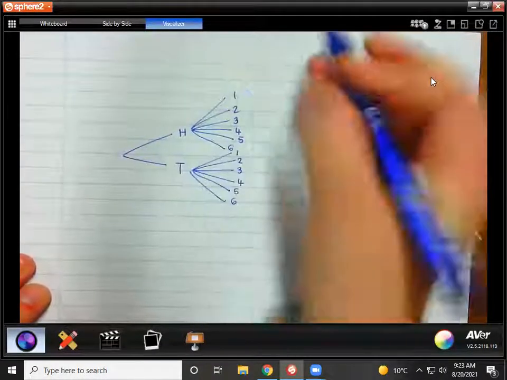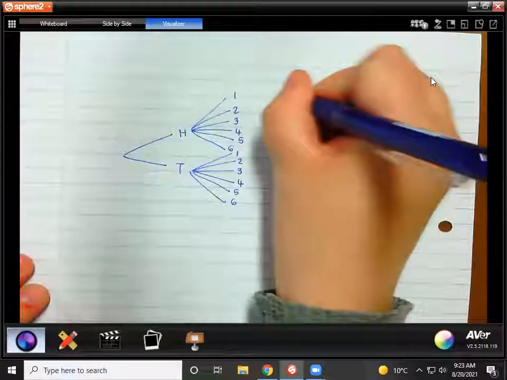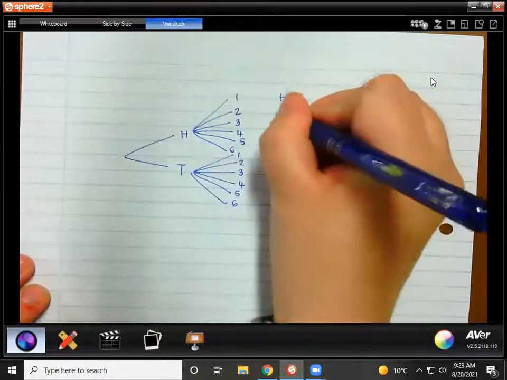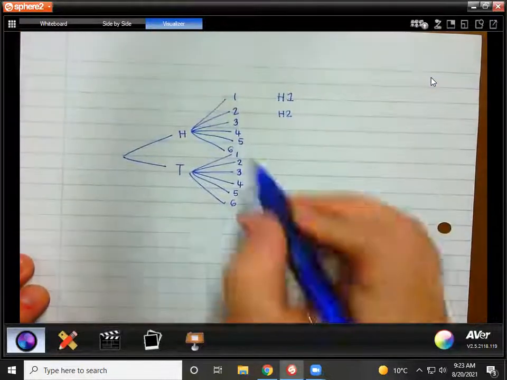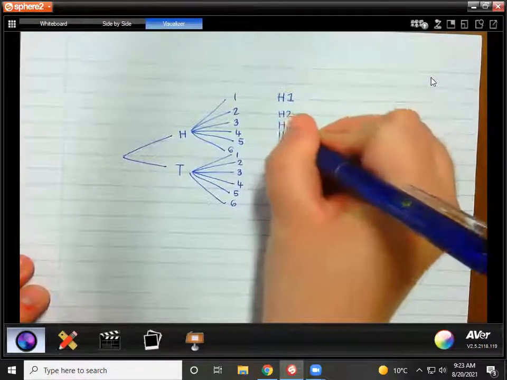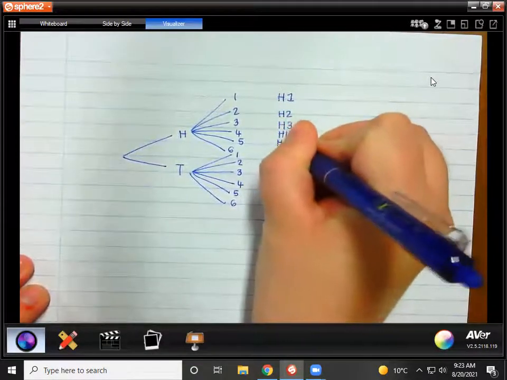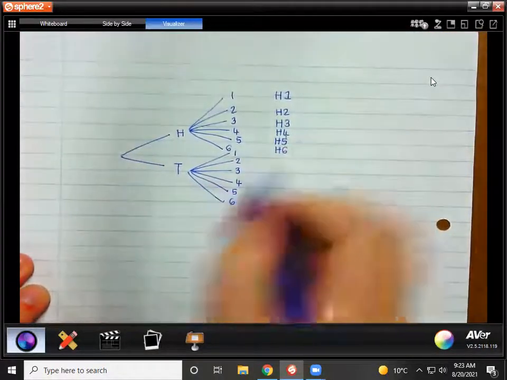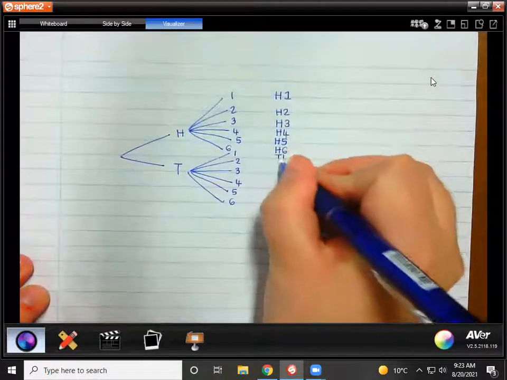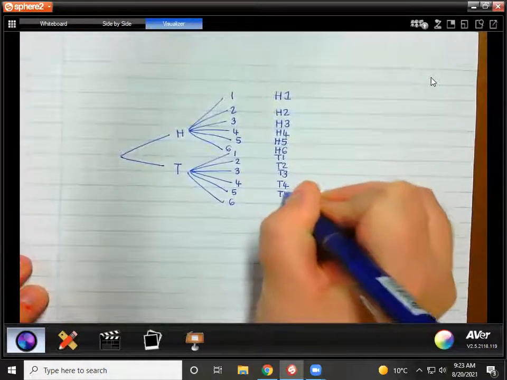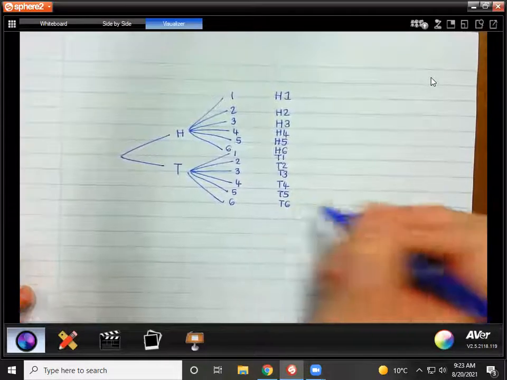So heads and 1, H1. Heads and 2, H2. Heads and 3, H3, H4, H5, H6. And then also tails 1, tails 2, tails 3, tails 4, tails 5, and tails 6.